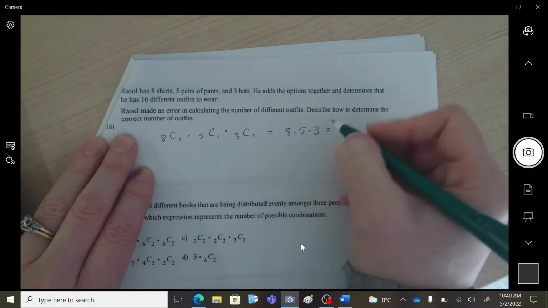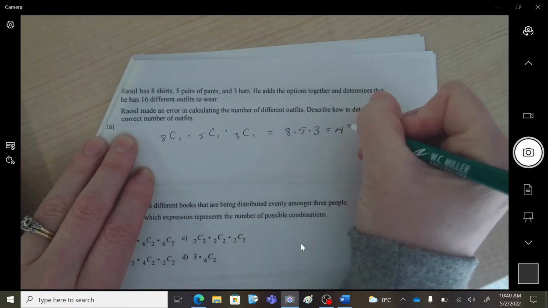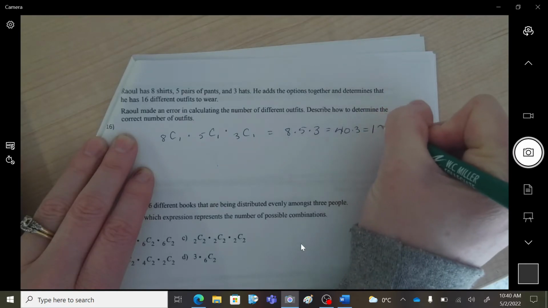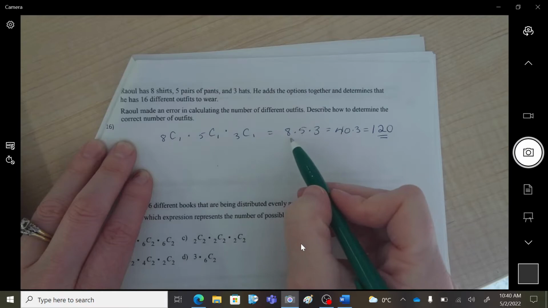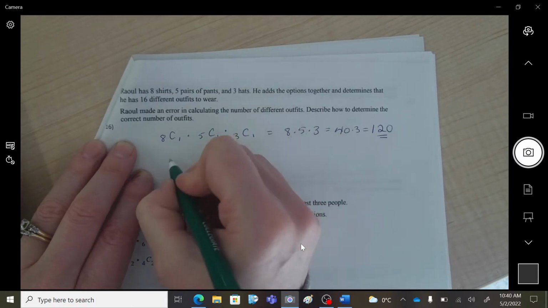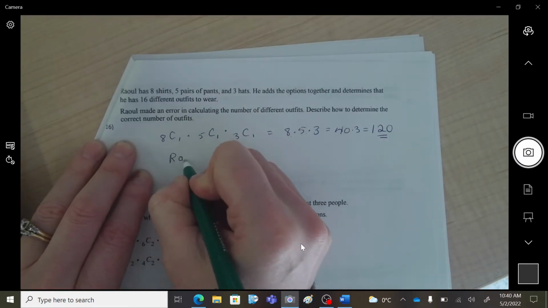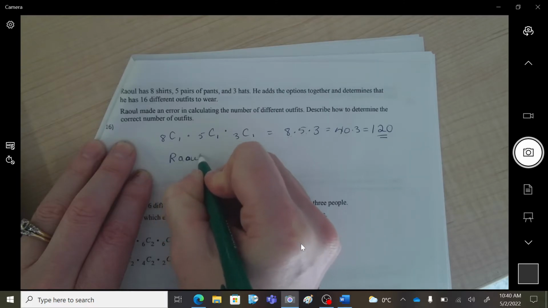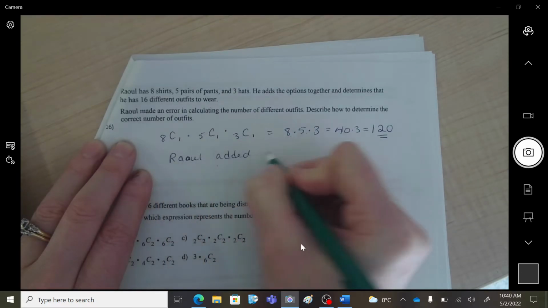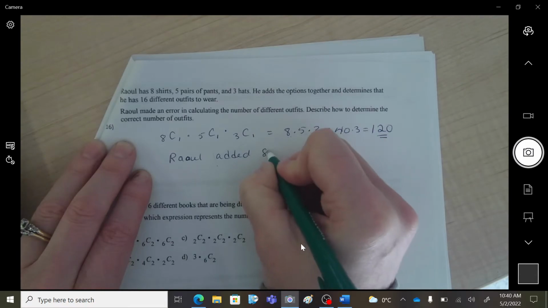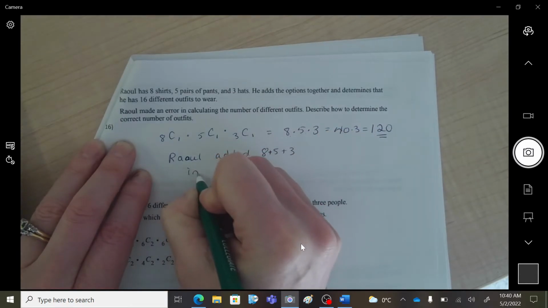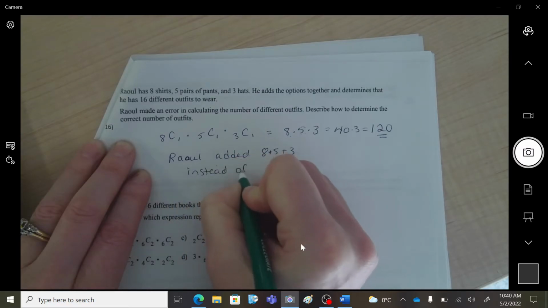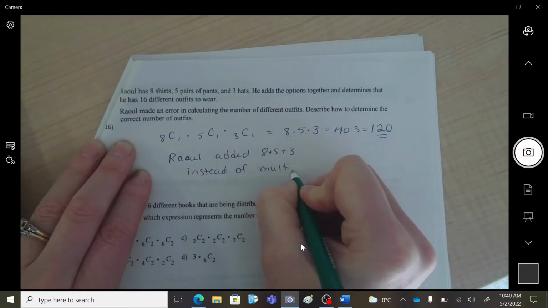That's 40 times 3, oops, 120. So what was the mistake? We added those numbers together instead of multiplying. That was the mistake.